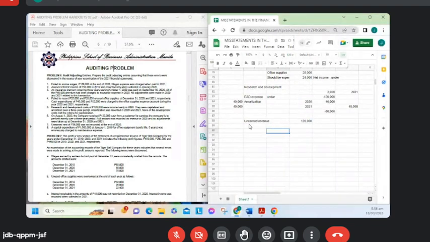So this is from August 2020. So in 2020, it means the company should only earn, huh? Okay, unearned revenue. So revenue earned should be, from August to December.